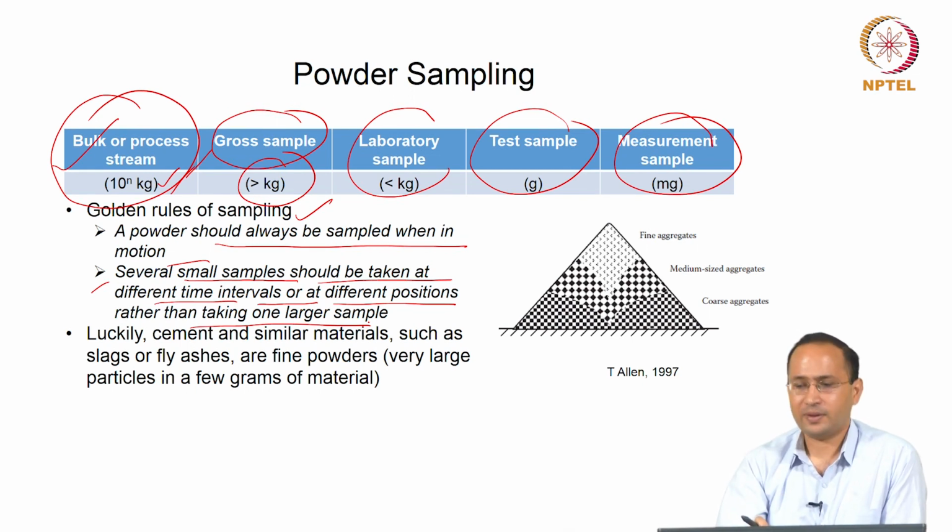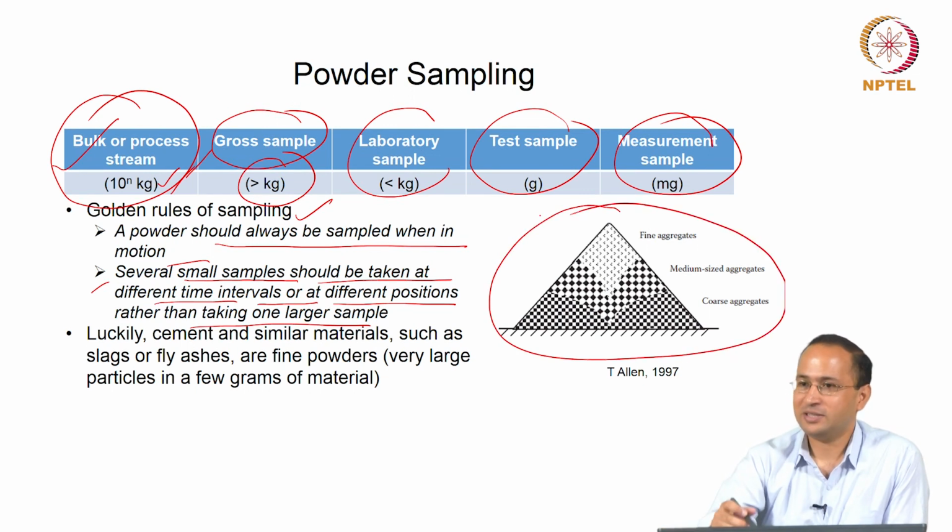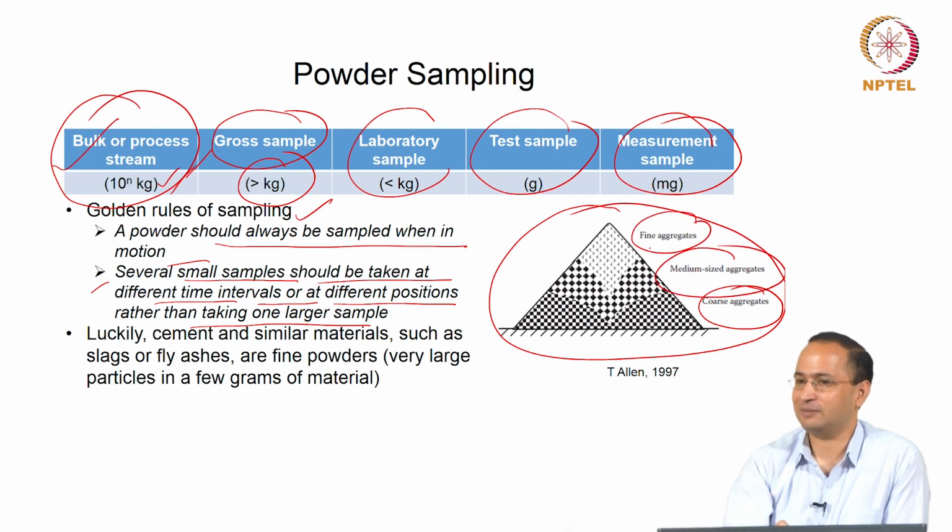to avoid errors. You see here what happens when you just have a heap of powder, right. You just leave it, and the coarse aggregate will tend to come to the bottom, right. So, you already have segregation here, and that segregation will induce errors.